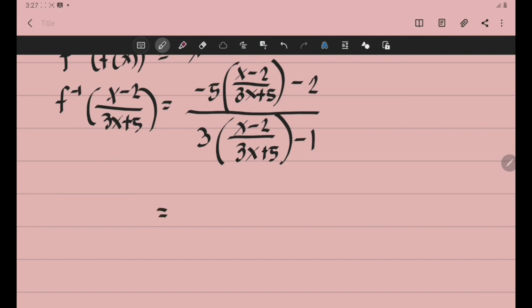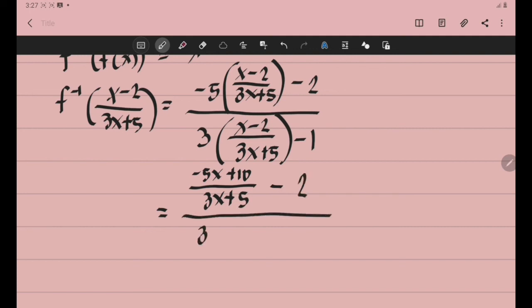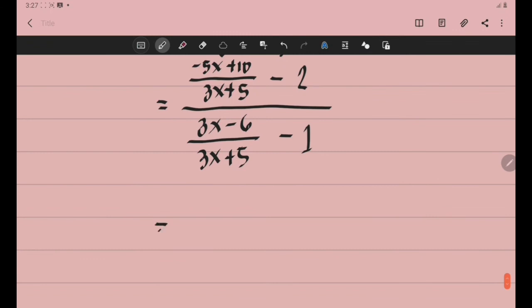So after nating i-plug in yung original function dun sa inverse function, we now have negative 5x plus 10 all over 3x plus 5 minus 2 all over, i-distribute lang natin yung mga whole numbers. So we have 3x minus 6 all over 3x plus 5 minus 1. And then, i-simplify natin both numerator and denominator since marami pa silang operation.